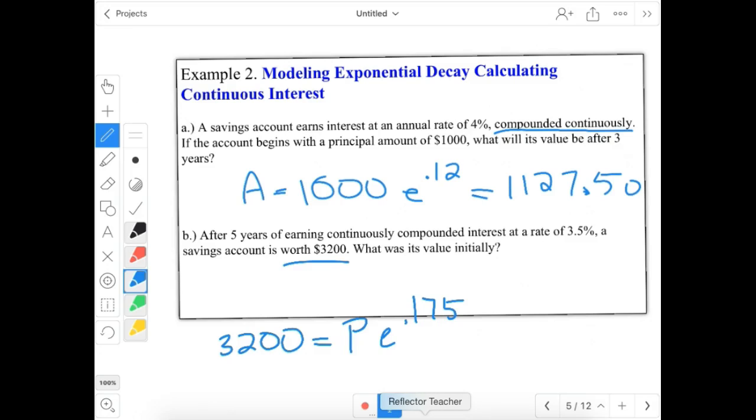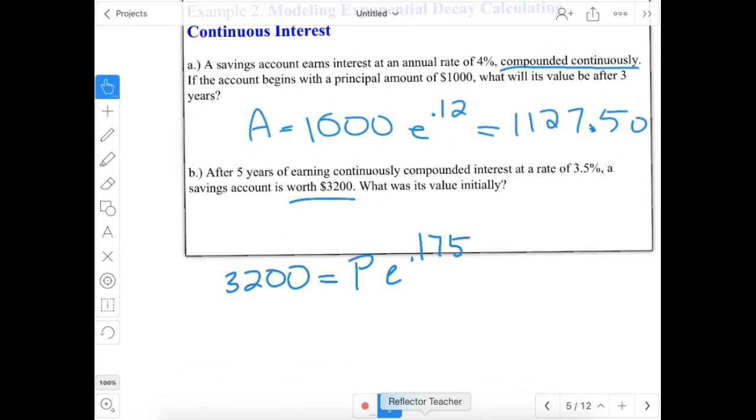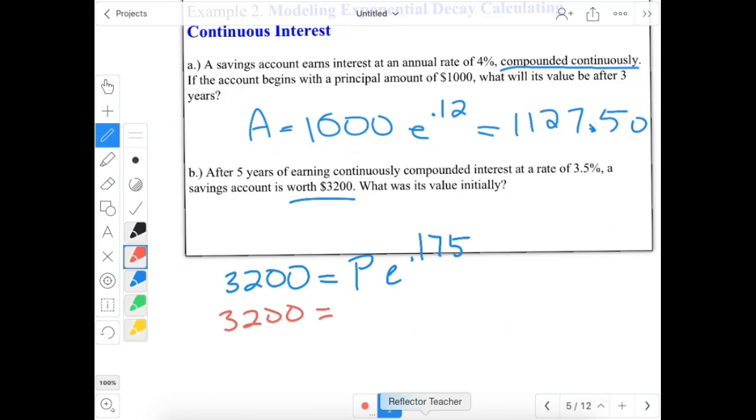So I'm going to do 3,200 is equal to P times 1.1912, and we would divide both sides to get that P by itself.